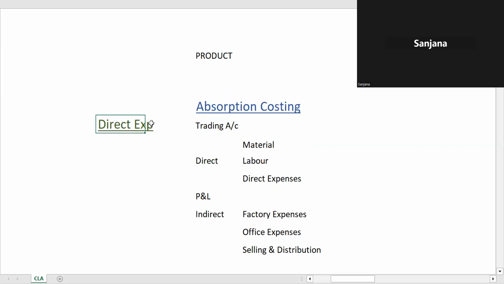Direct expense is something which can be directly found in the product or which has been directly used for that product, ठीक है. तो इसीलिए apart from trading, there can be some factory expenses also which can be treated as direct, ठीक है. तो बस ये एक आपको याद रखने की जरूरत है कि ऐसा ही होता है, ठीक है.